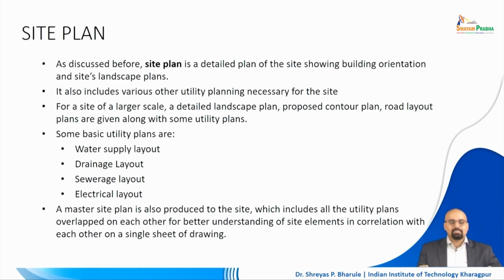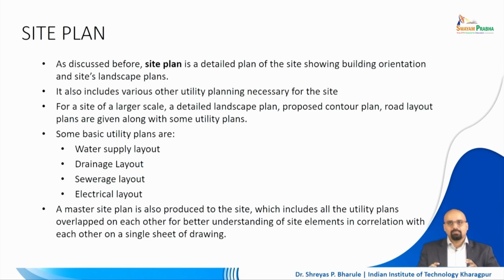In that case, the whole site plan is distributed into smaller plans of certain areas, and you will have a greater master site plan onto which all of these key plans are plotted. In case of a large site plan, you will have a detailed landscape plan as well. You will have a proposed contour plan if the landscape is quite large and you are doing a lot of iterations within the site contour.